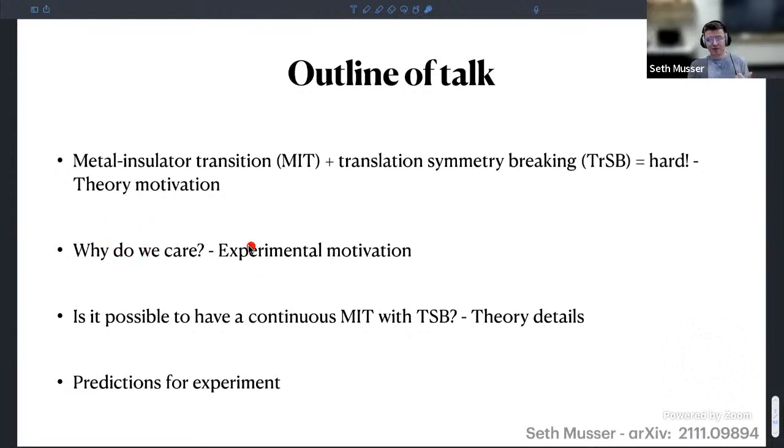Then I'll briefly give a hint of experimental motivation before getting into the meat of the theory. Please feel free to interrupt me at any time with questions, and I'll try to clarify whatever I'm saying. Finally, I'll close out with some predictions for experiment. Hopefully, some of your colleagues will be able to see some of the things we're suggesting in the near future.